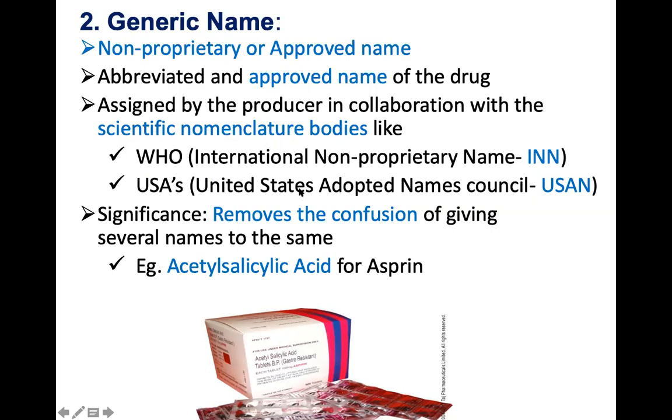So these scientific bodies act together with the producer to name a drug the generic name. The significance is that it removes the confusion of giving several names to the same drug. So aspirin's generic name is acetyl salicylic acid. So if everyone is saying acetyl salicylic acid, it is aspirin. It is the same.